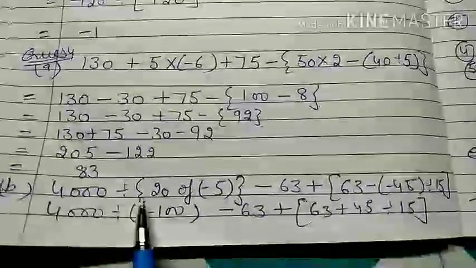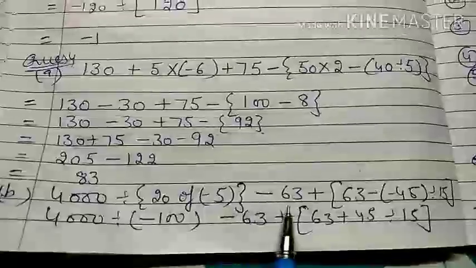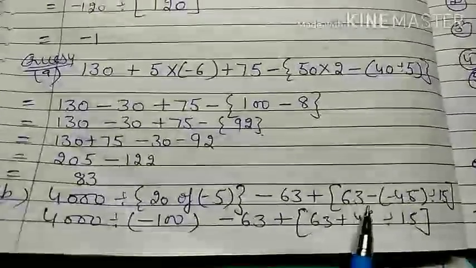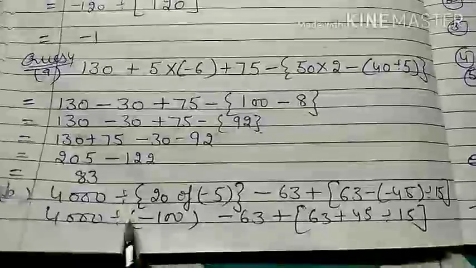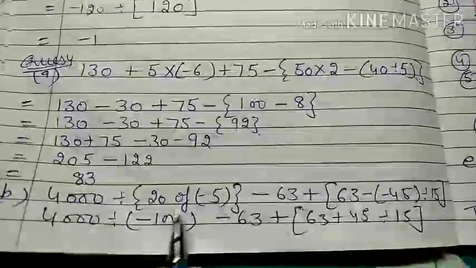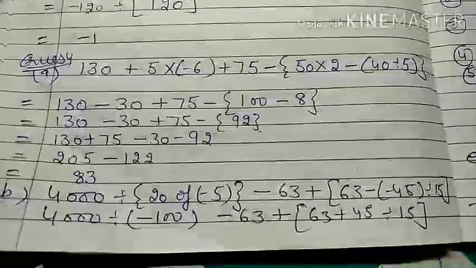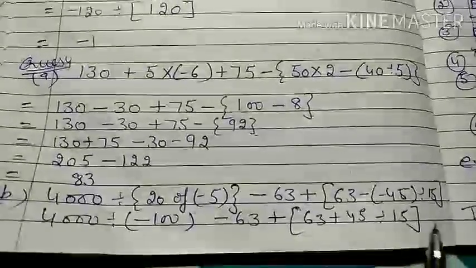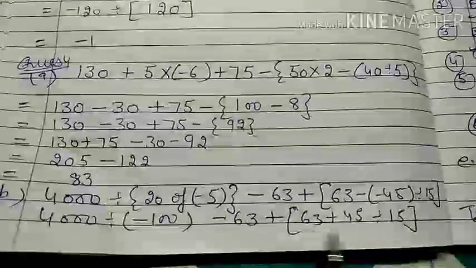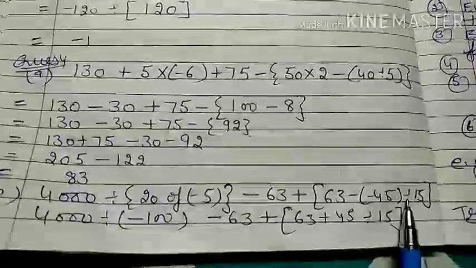Next is 4000 divided by 20 of minus 5 minus 63 plus 63 minus 45 divided by 15. 4000 divided by 20 of minus 5. Of changes to multiply. 20 into minus 5 gives me minus 100 minus 63. Here negative into negative gives me positive, but a division sign is there.